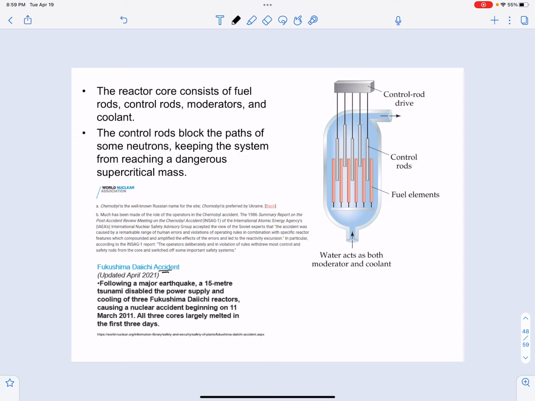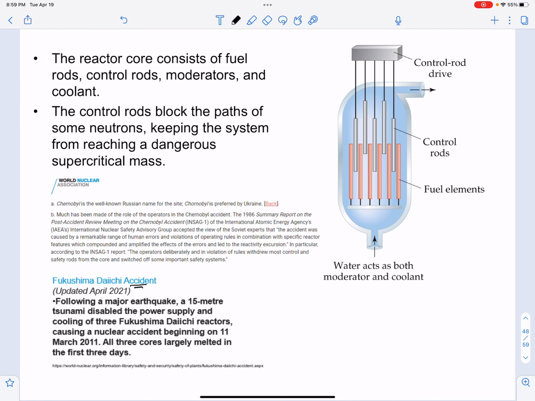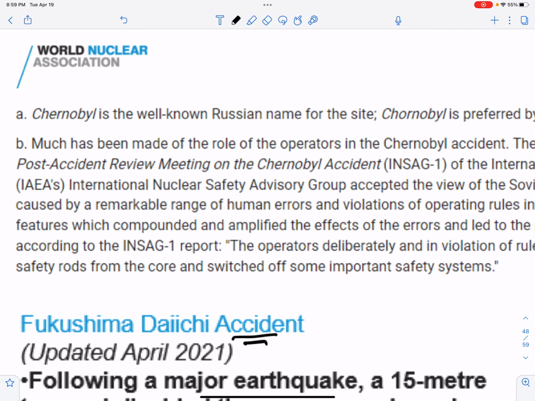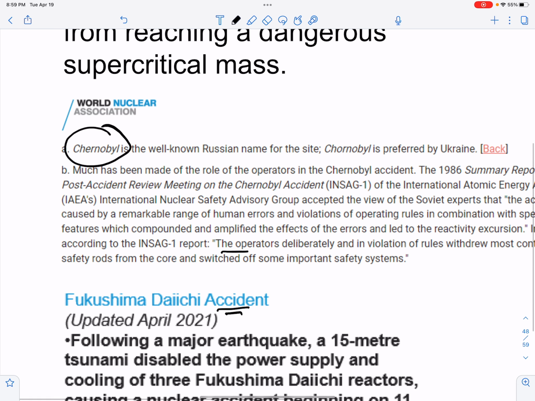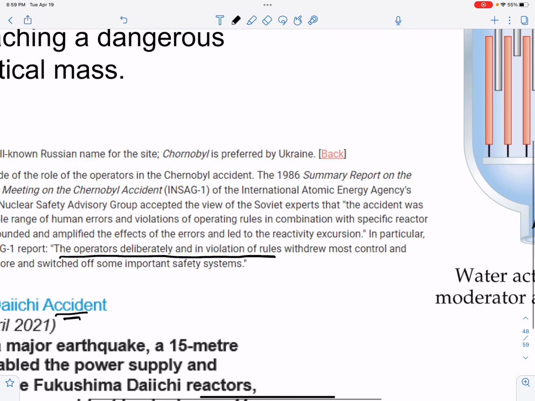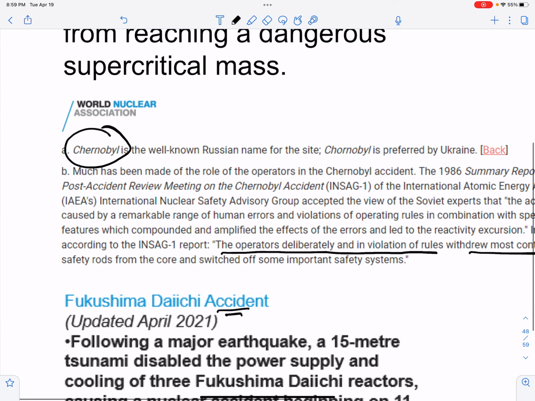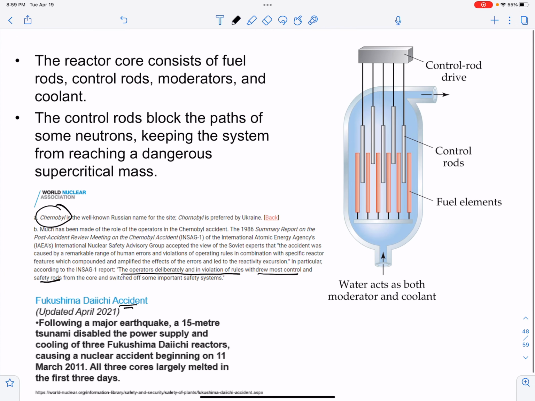Before that, like 20 years ago, we had the big meltdown in Chernobyl in Ukraine. And what happened there was that the operators deliberately and in violation of the rules removed most of the controls and the safety rods. So they were trying to do an inspection and they didn't know exactly what they were doing.